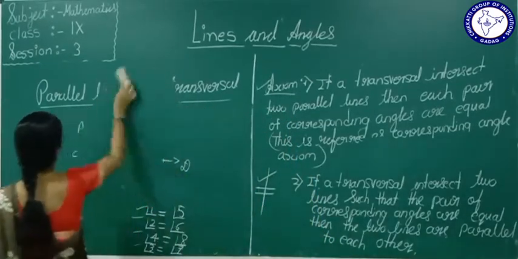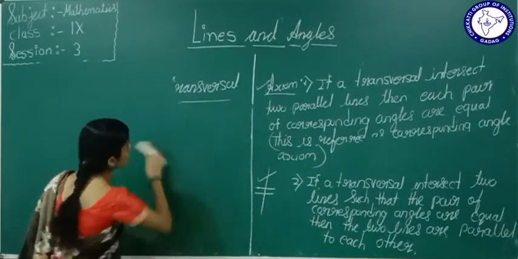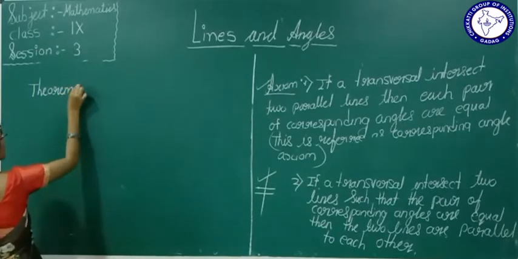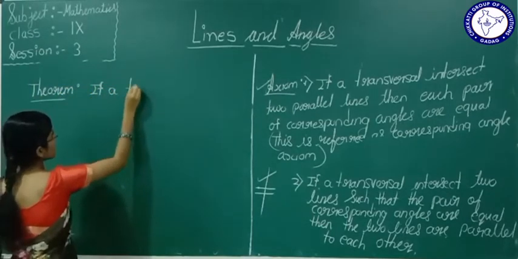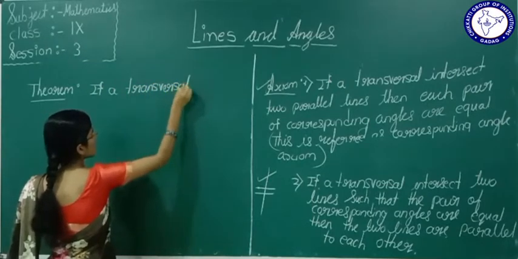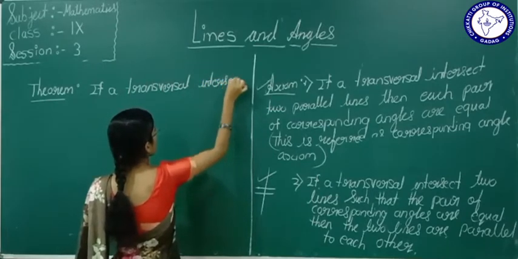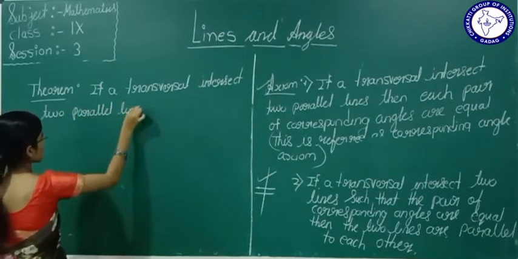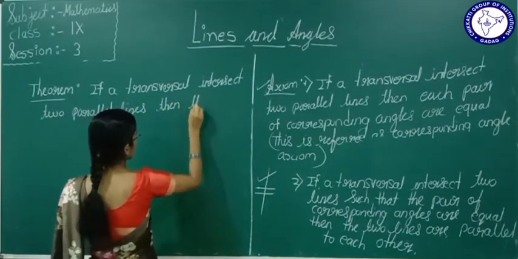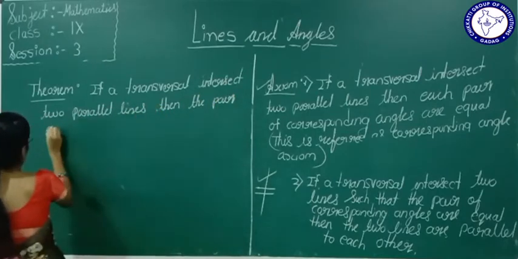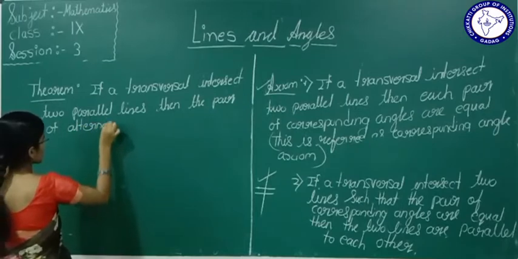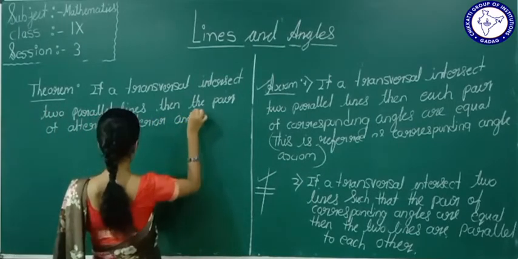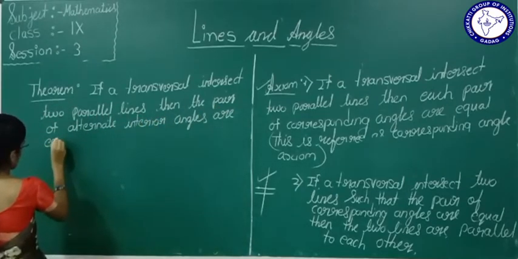So now we are going to prove one theorem. See, a theorem: if a transversal intersects two parallel lines, then the pair of alternate interior angles are equal.